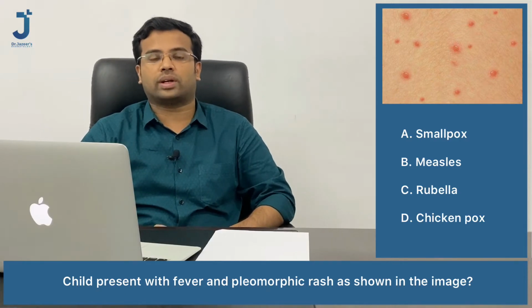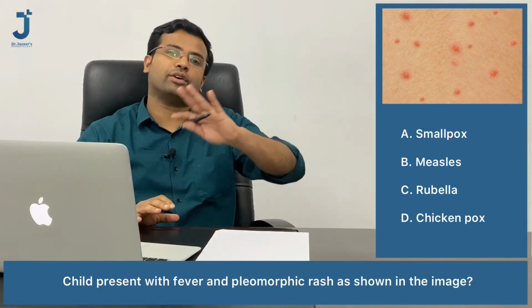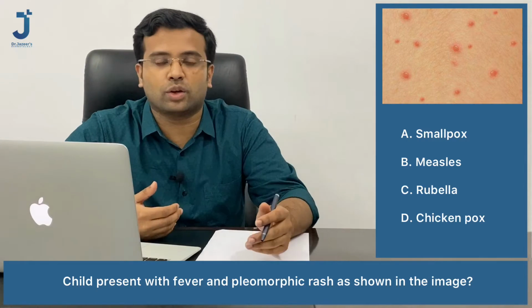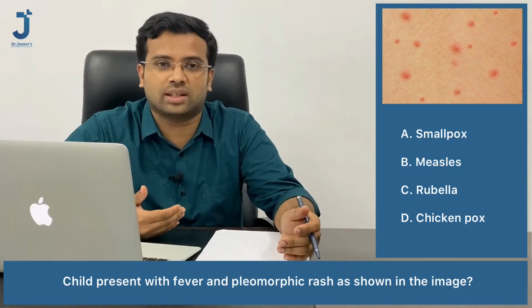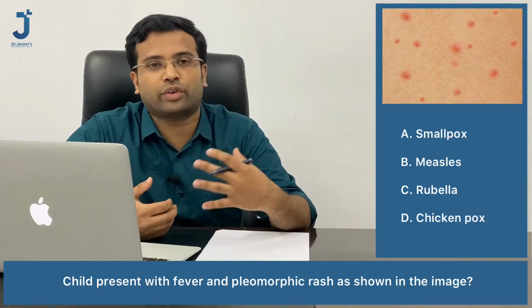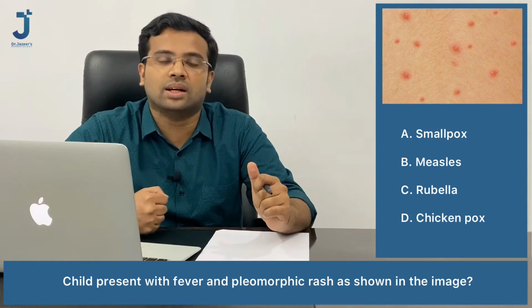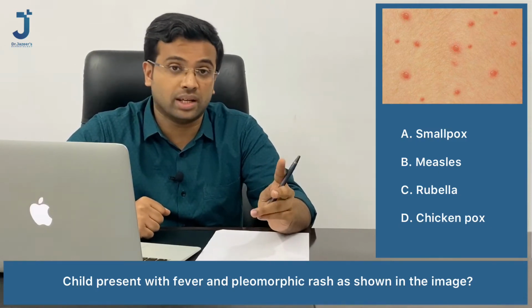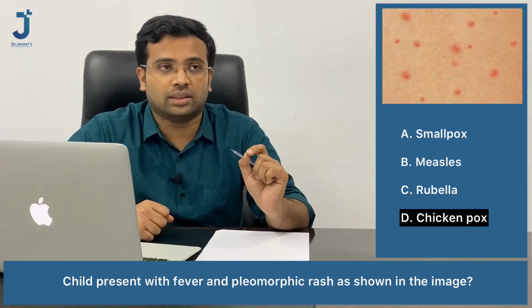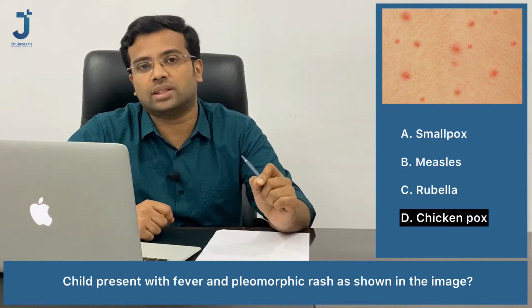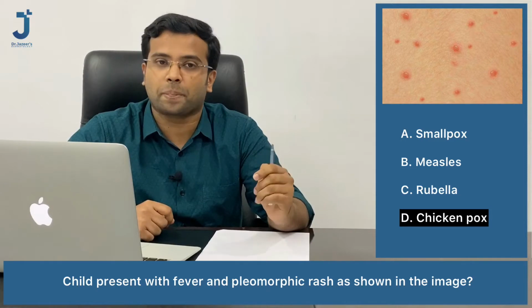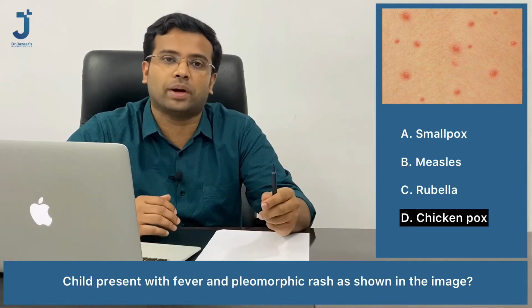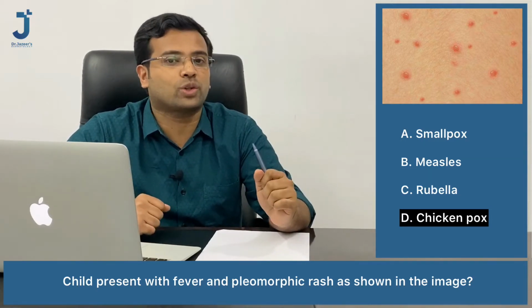Pleomorphic rash means a rash in different phases, be it a macule, a papule, a vesicle or some erosions. Different phases of rash are seen in chickenpox. So the right answer here would be option D, chickenpox, and the lesion that we are looking for in this case is a vesicle, and this lesion is also compared to a dew drop on a rose petal appearance.